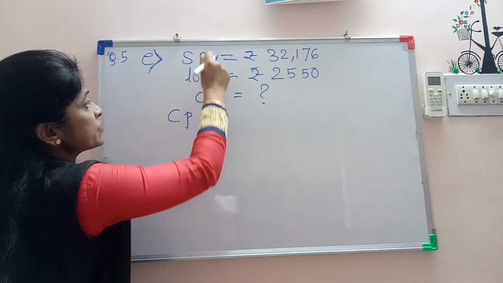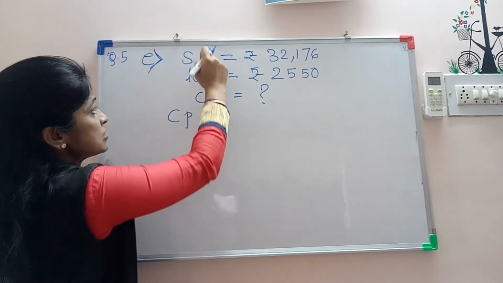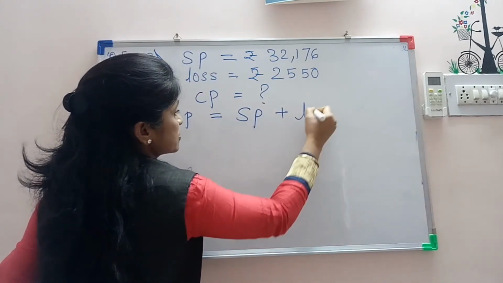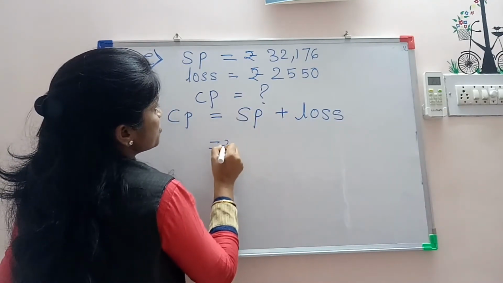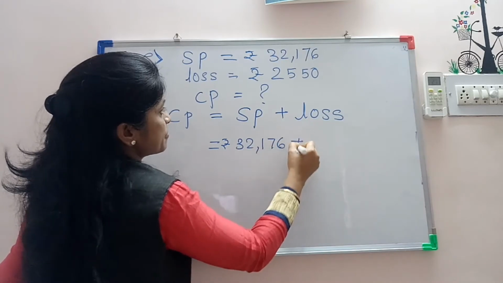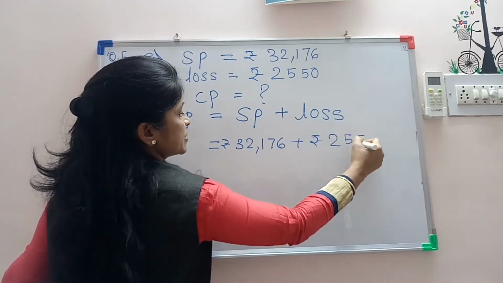Here loss is given with the selling price, that means you have to add loss in the selling price, that is selling price plus loss. Rupees 32,176 plus loss rupees 2,550.